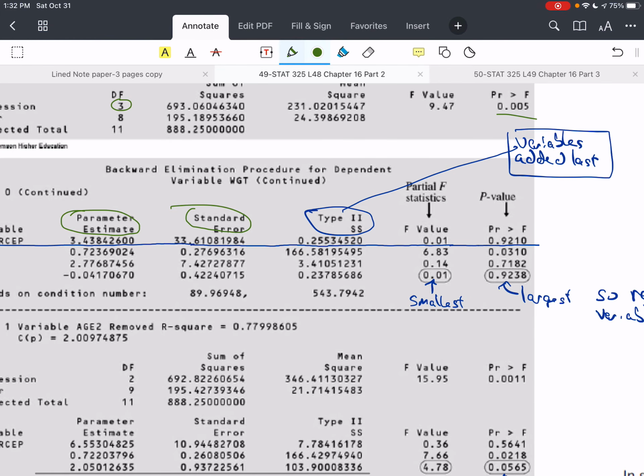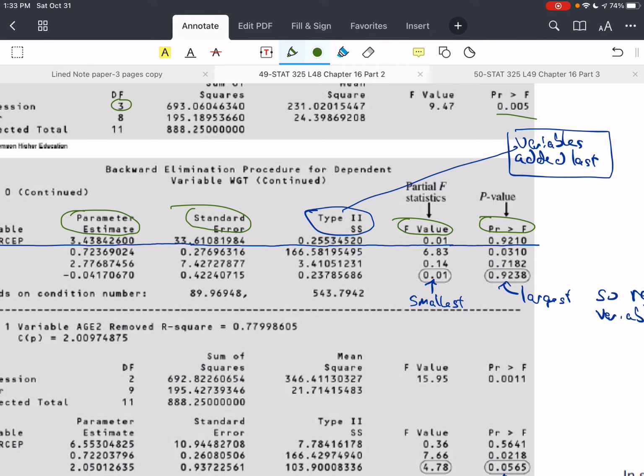And under this procedure, what this means for SAS is, again, variables added last. All right. I know we've seen type 3 before, but under the backward selection or elimination, it's called type 2. Now, the partial F statistics, these are the F values, and then the p-values that go along with them.